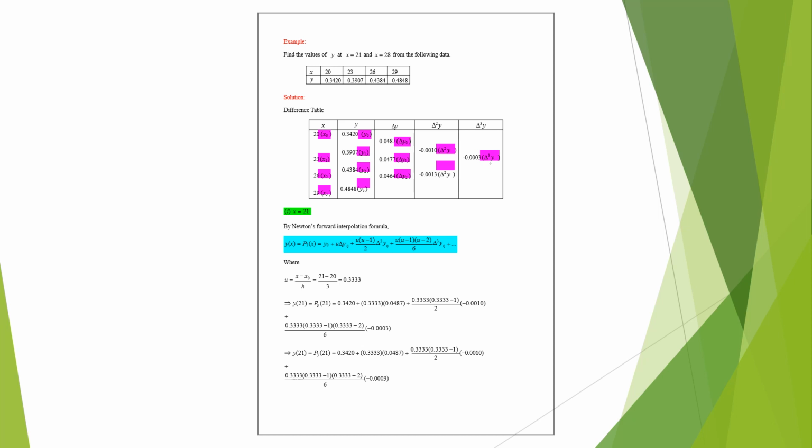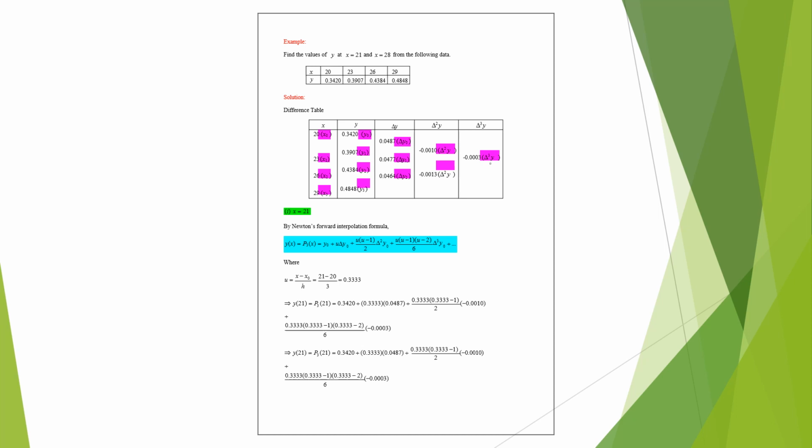And the next one we have to find out the third order forward difference. The formula for the third order difference is delta cube y naught, which is equal to delta square y1 minus delta square y naught. That is the difference between these two, minus 0.0013 minus minus 0.0010.